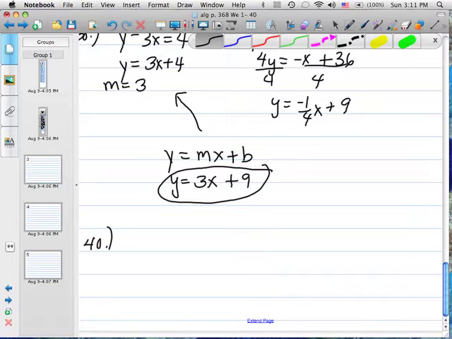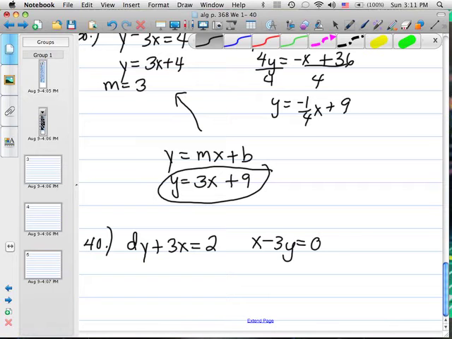And the last problem, 40. In the equation dy plus 3x equals 2, for what value of d is the graph of the equation parallel to the graph of x minus 3y equals 0? And then that's part A, and part B is the y-axis.